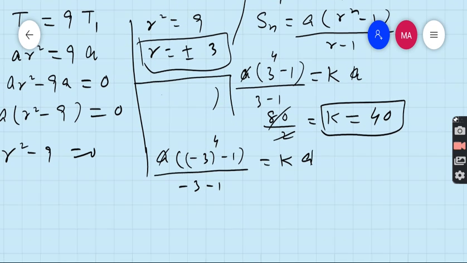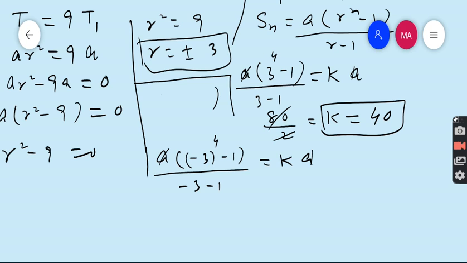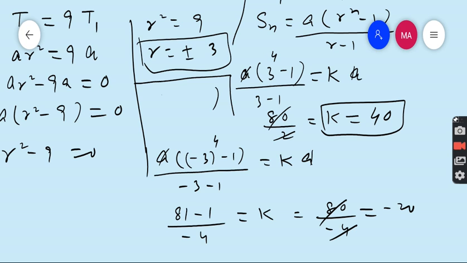Negative 3 to the power 4, negative to an even power is positive, that is 81 minus 1. Negative 3 minus 1 is minus 4, equals k. 81 minus 1 is 80, upon minus 4, is minus 20.